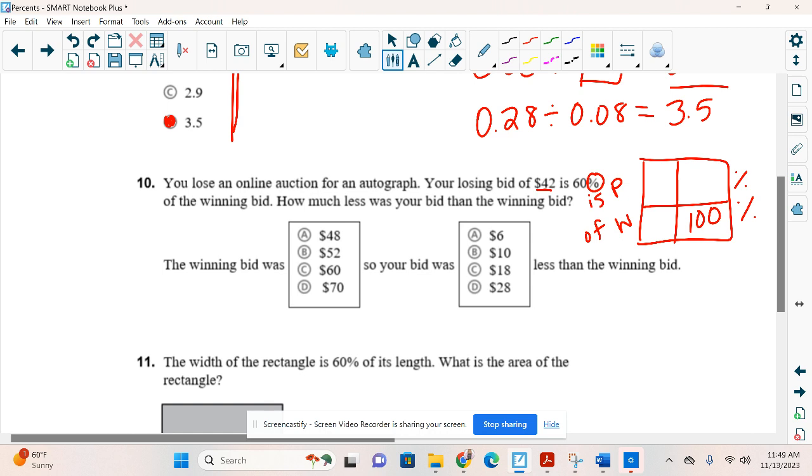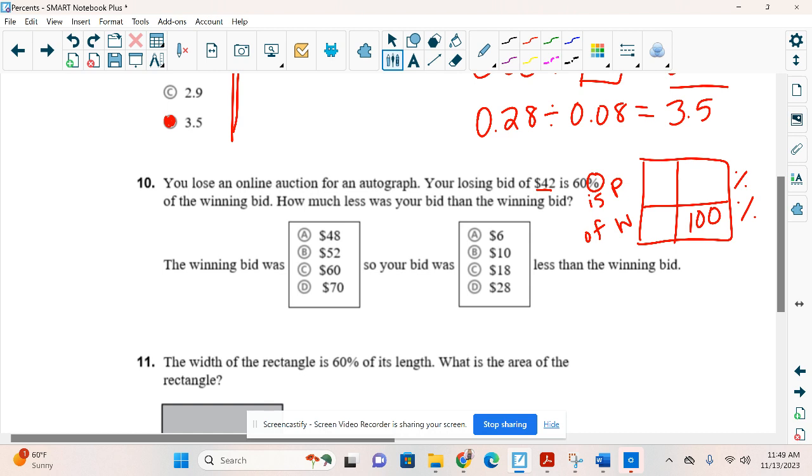The easiest one to put in the box first is which number? Well, $100 guaranteed. But from the problem, what's the easiest one to put in the box? 60, because I automatically know where that number is going to go. It only has one place it could go.